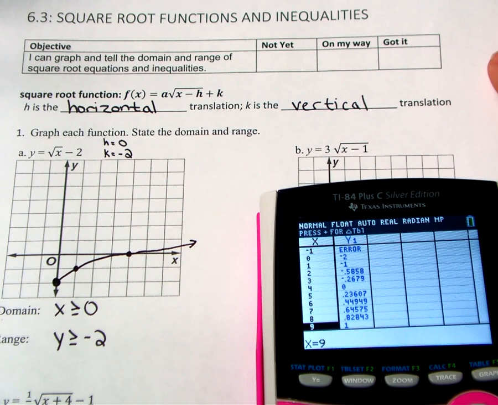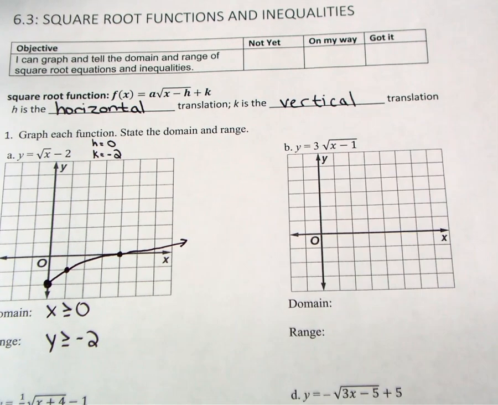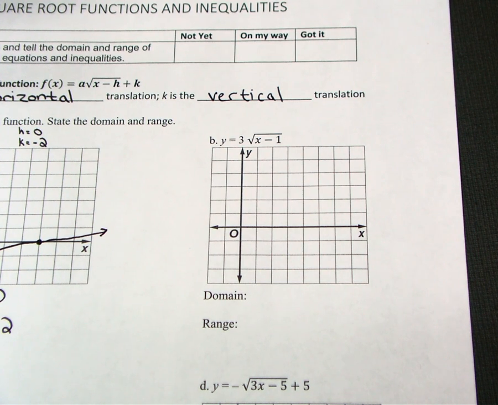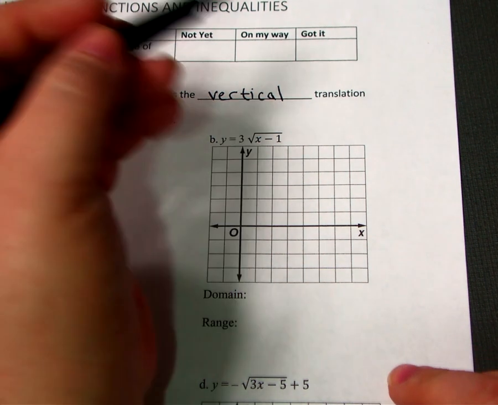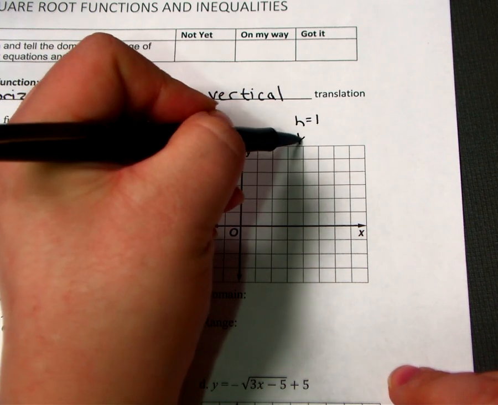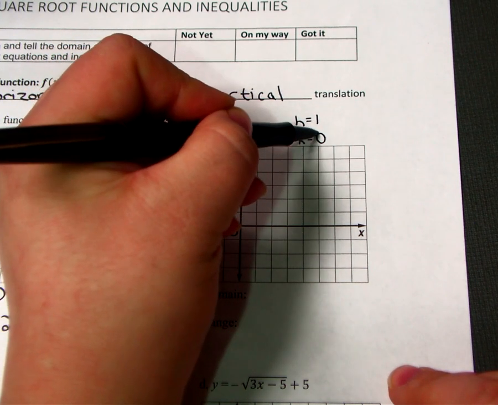Let's take a look at the next one. Identify H and K in this case. H is the opposite of what it appears to be, so it's 1, and K is 0.